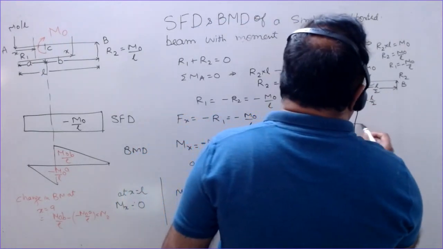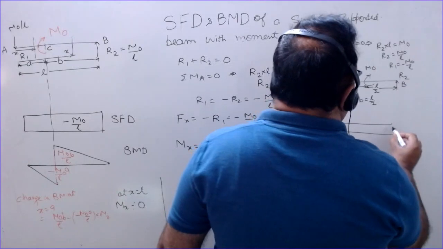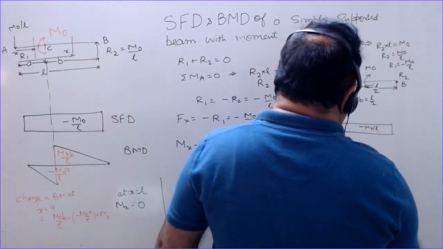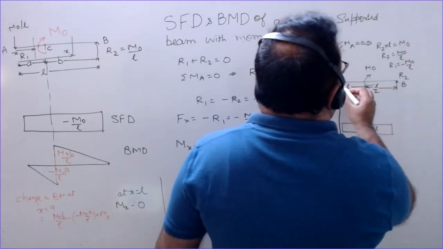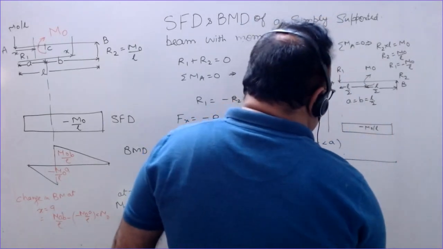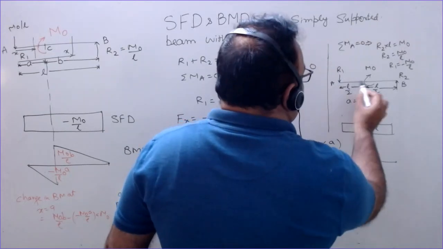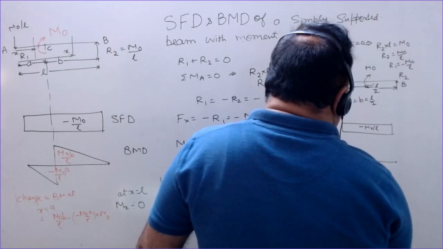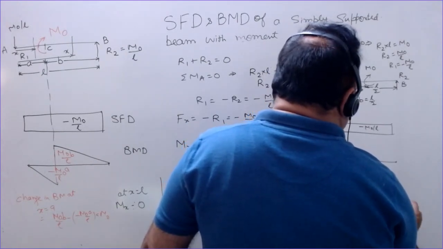Now if you draw the shear force diagram, it will be same, negative, equal to minus M naught by L, and if you draw the bending moment diagram, in that case for this section the bending moment is given by Mx for 0 to L by 2. R1 into x, it will be negative, minus M naught by L into x.